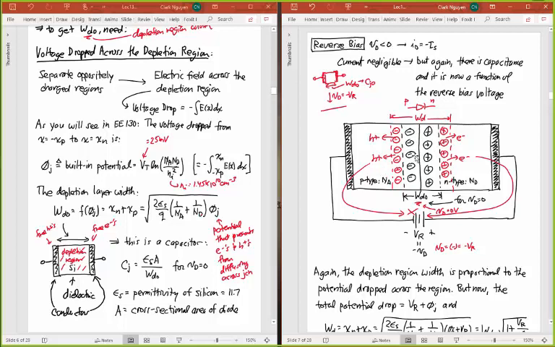So now, and I'm going to draw this in an exaggerated fashion, now I have a much larger distance between my effective capacitor plates. That's WD, right? So you can see I've got a capacitor like this now, and WD is, of course, larger than WD naught. So what's happened here is I get a new capacitance, CJ, which is less than CJ naught, because I've got more distance between those plates.